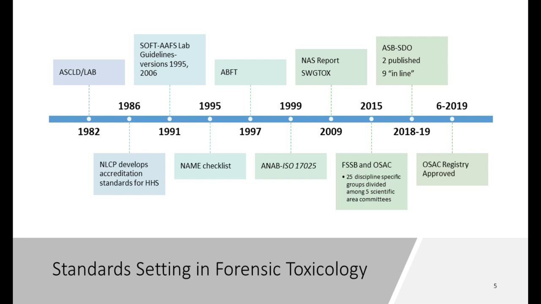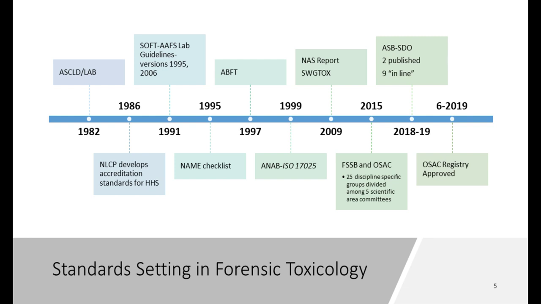It was a peer review at that time, and then their first checklist was developed in 1995. The American Board of Forensic Toxicology, which is ABFT, accredited their first medical examiner laboratory in 1997. In 1999, ANAB, as ASCLD/LAB, took all of their checklists and assessed laboratories to the ISO standard 17025.